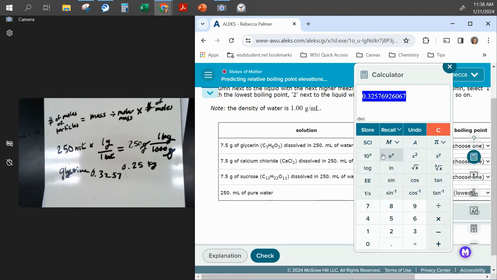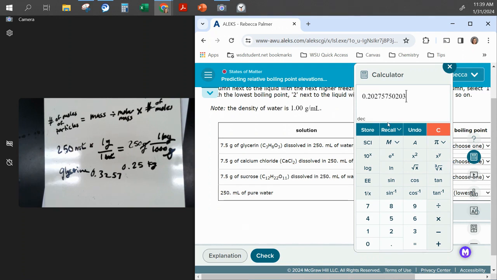The next one, same thing. Take the 7.5, divide by the molar mass. Calcium chloride is in here. Multiply by the number of particles. This is going to give me 3 particles. I have calcium and 2 chlorines. So 3 particles per mole of calcium chloride.